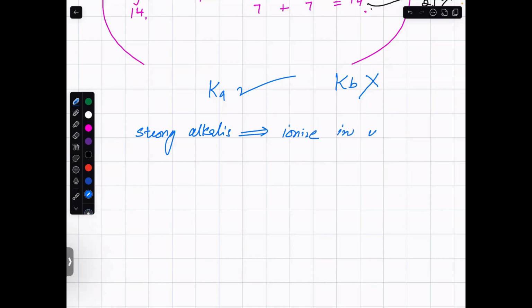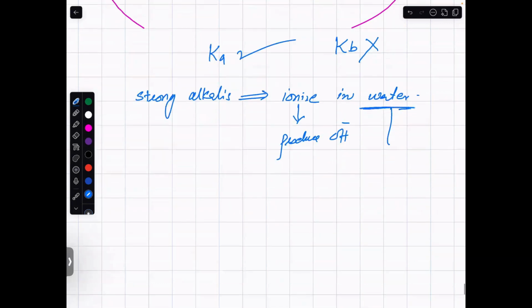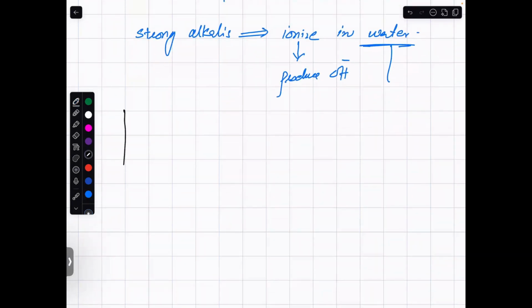They ionize in water and produce OH in that water having the same Kw. See, this is your water. The basic concept is this one. Look, this is water.